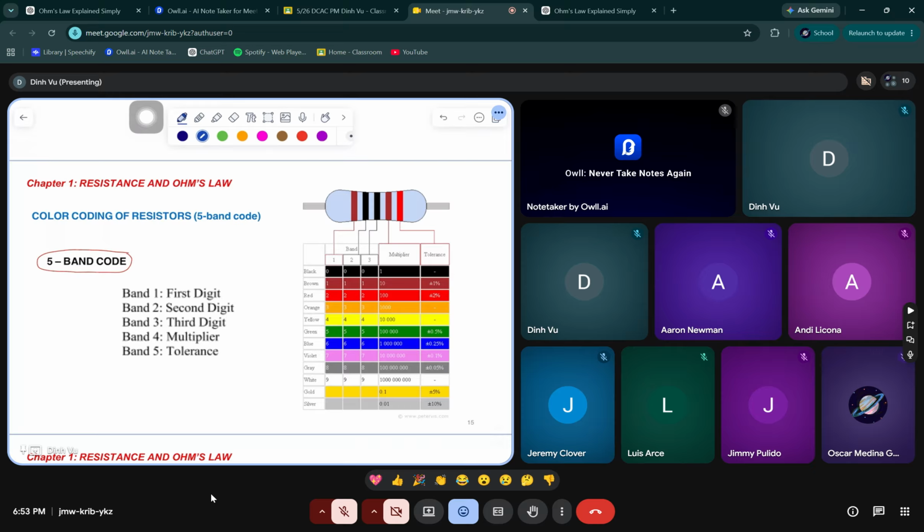The method of reading the color code is very similar to the case of 4-band. However, now for the 5-band code, band 1 will be the first digit, band 2 the second digit, band 3 the third digit, and band 4 now will be the multiplier, the number of zeros we add, okay? And band 5 now will be the tolerance.